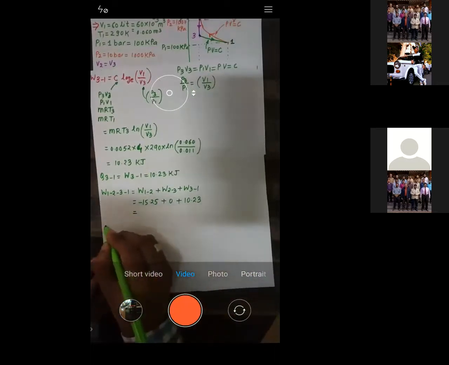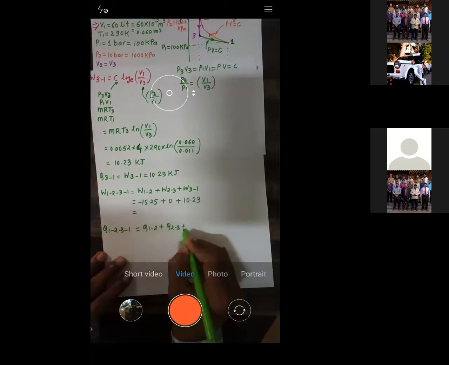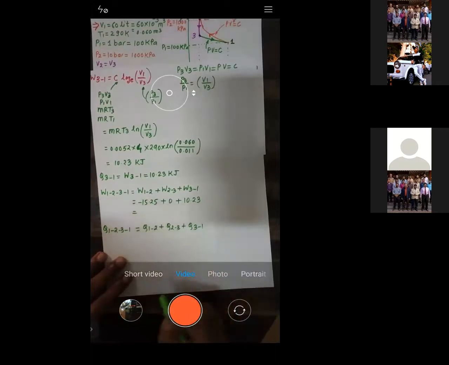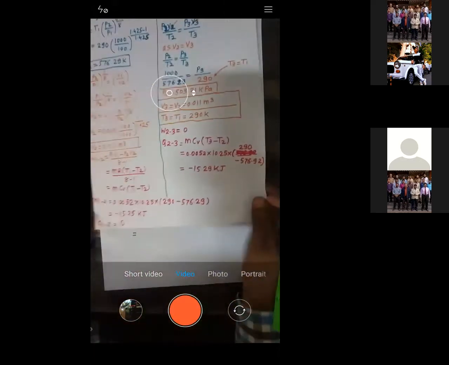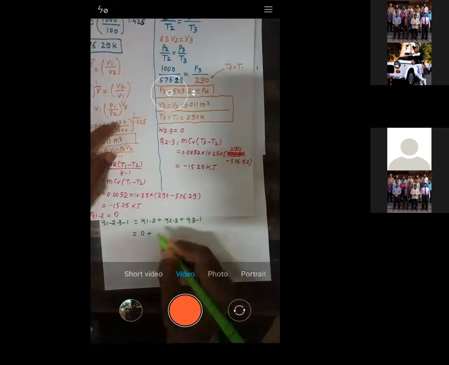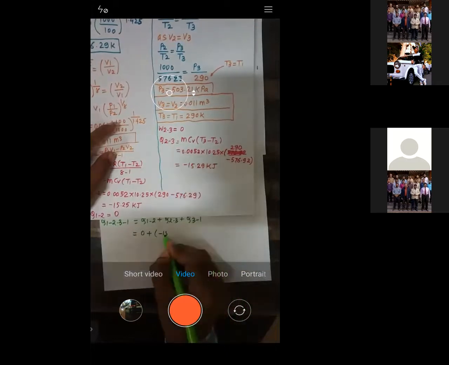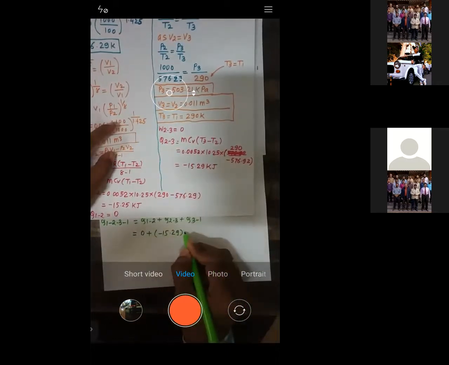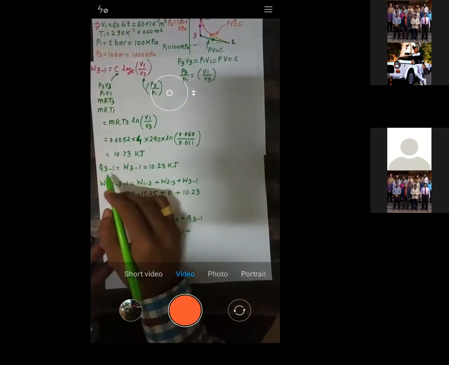Similarly, calculate heat transfer during 1, 2, 3, 1. It's the addition of heat transfer during 1 to 2 plus 2 to 3 plus 3 to 1. Heat transfer during 1 to 2 is 0, plus heat transfer during 2 to 3, minus 15.29, plus heat transfer during 3 to 1, 10.23.